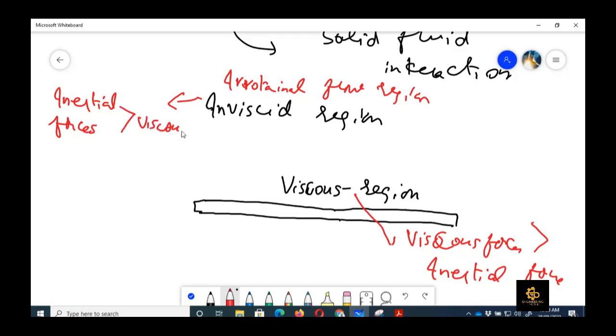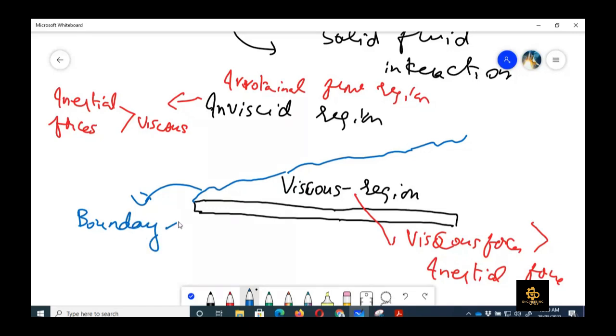So it means that the viscosity of the fluid is not felt there, and the effect of viscosity is limited to the near-wall region, which we call the boundary layer region. The lift and drag forces are a strong function of boundary layer development.